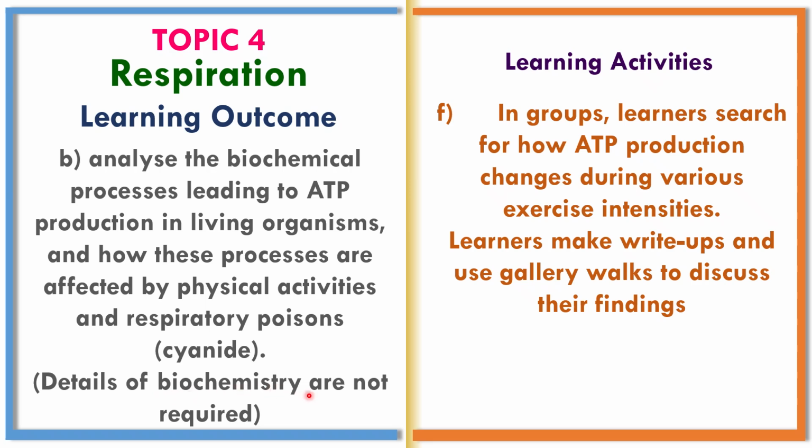Details of biochemistry are not required. Our learning activity F. In groups, learners search for how ATP production changes during various exercise intensities. Learners make write-ups and use gallery walks to discuss their findings.